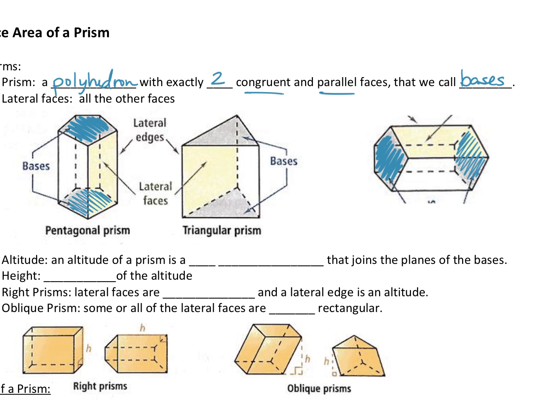So don't just assume the word base means bottom. It doesn't. It's the 2 things that are parallel and congruent to each other. So in the next figure, which we're calling a triangular prism, what are your bases? Triangles, because they are parallel and congruent. So this is a base, and this is a base.